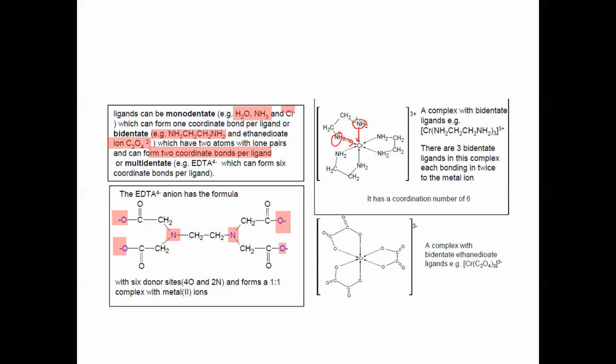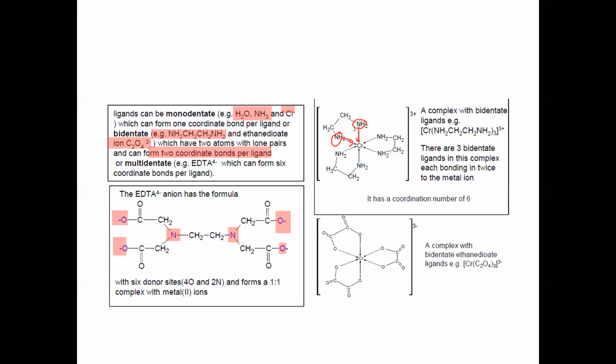One ligand should have a lone pair. If one ligand can form two dative bonds, we call that bidentate. If it can form only one dative bond, we call it monodentate. And if it can form multiple bonds, we call that polydentate or multidentate.